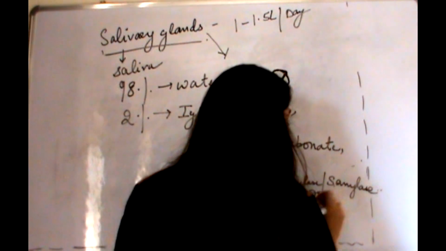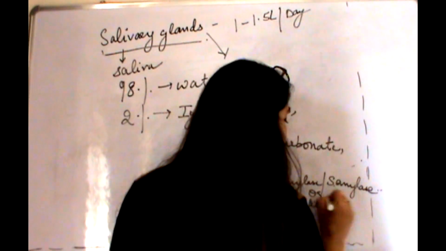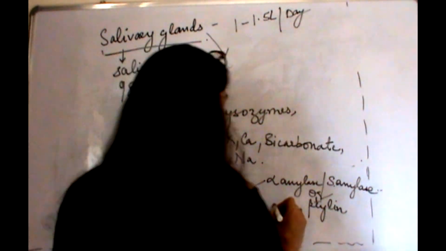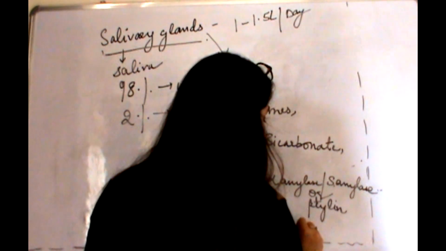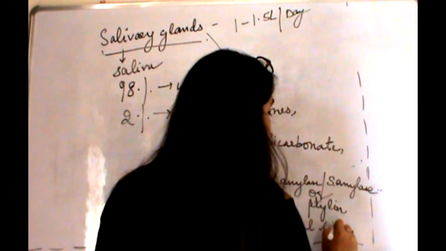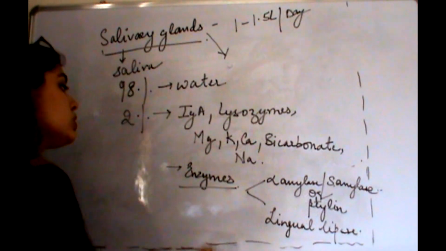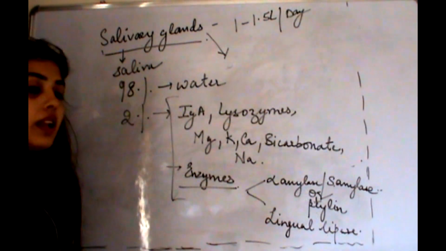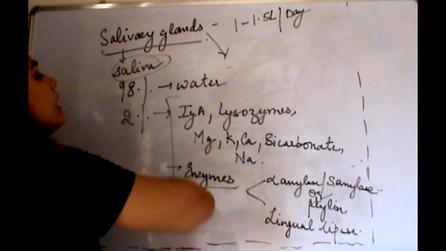Or it is also known as ptyalin, pronounced ptyalin, right? And the next one is lingual lipase. Okay, so this is the major composition of the salivary gland secretion known as saliva, right?